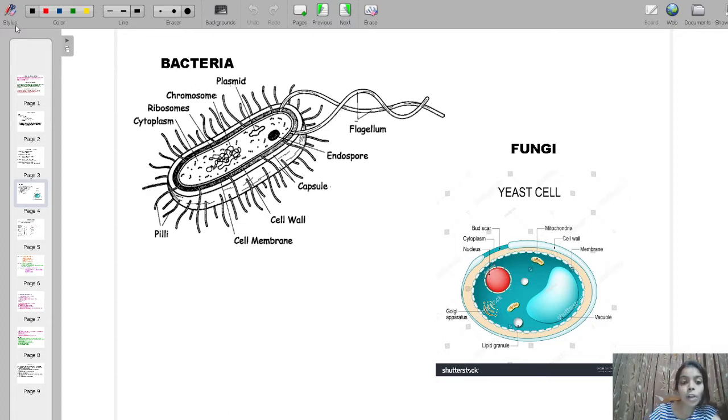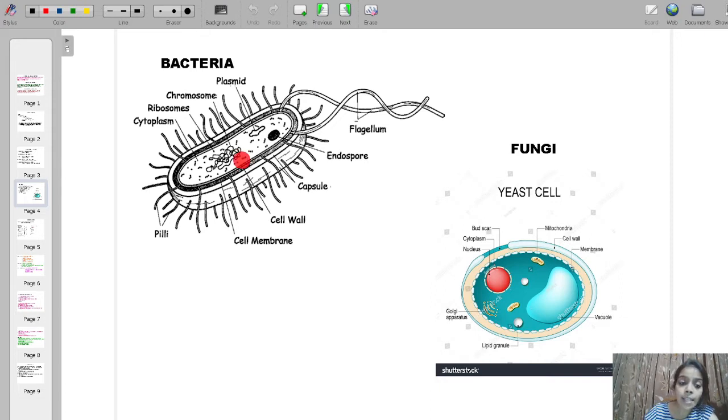You can see on the screen that a bacterial cell has been shown over here. This is a bacterial cell. Now, I had shown you in the previous video that monerans, bacteria, are unicellular.